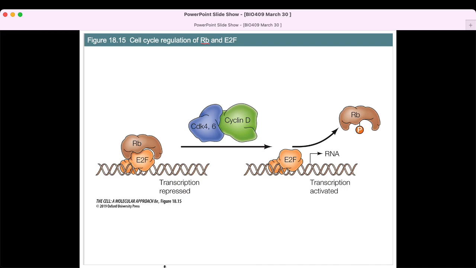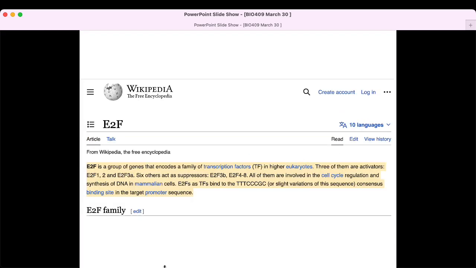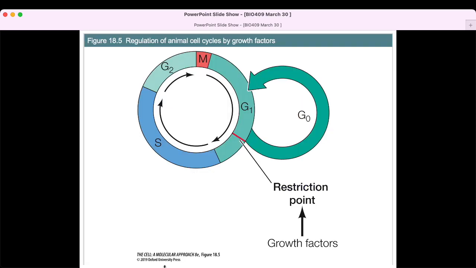Yeah. And we don't need to worry about the letters and numbers, but just recognize that the CDK and cyclins are different at G2 to M than they are at start.